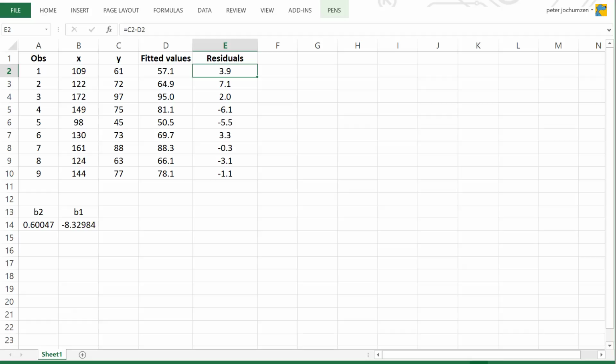I have fitted a linear trend line, and these are the OLS slope and the OLS intercept. Based on the trend line, I can find fitted values and residuals. Fitted values, remember, are just equal to B1 plus B2 times Xi, and residuals are equal to Yi minus fitted Yi.